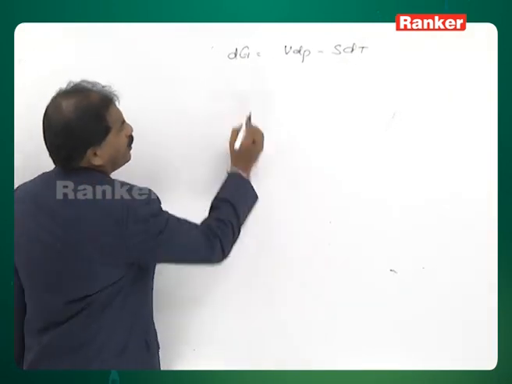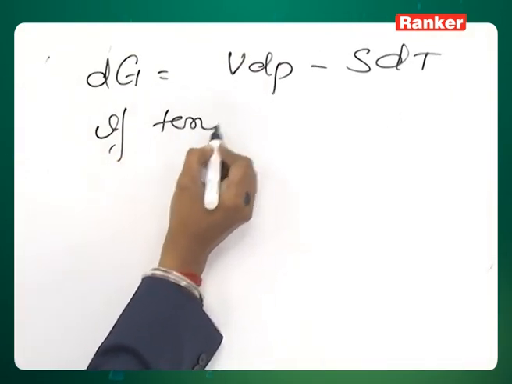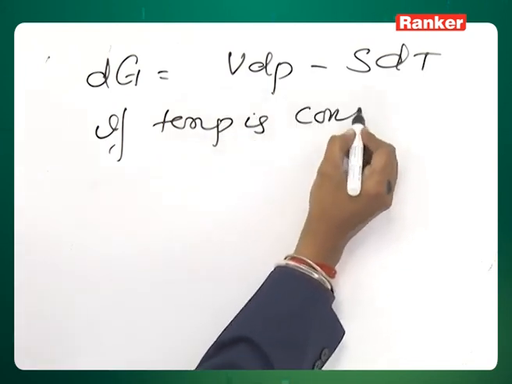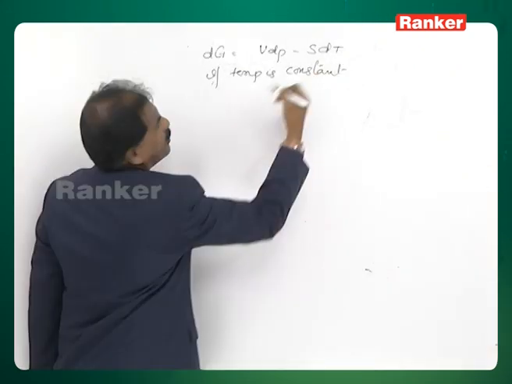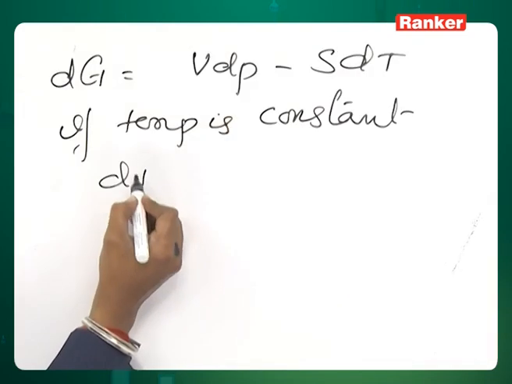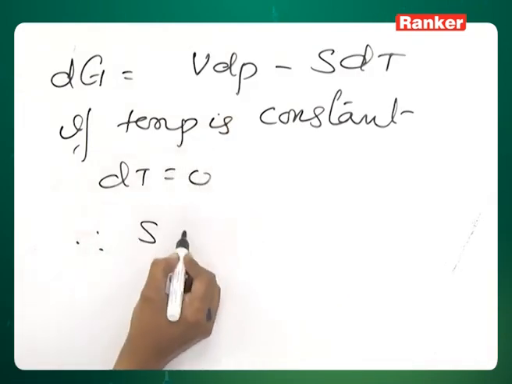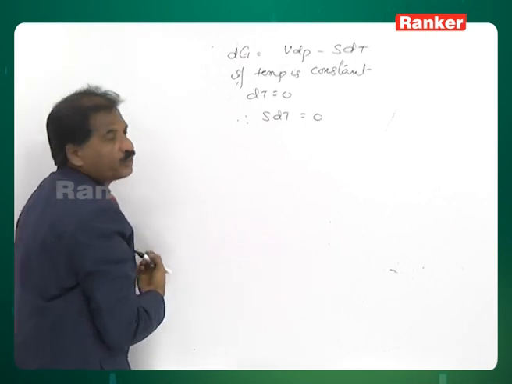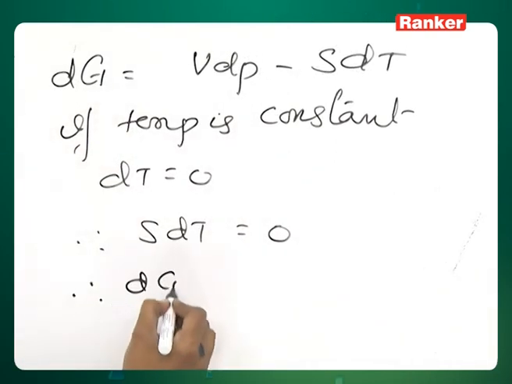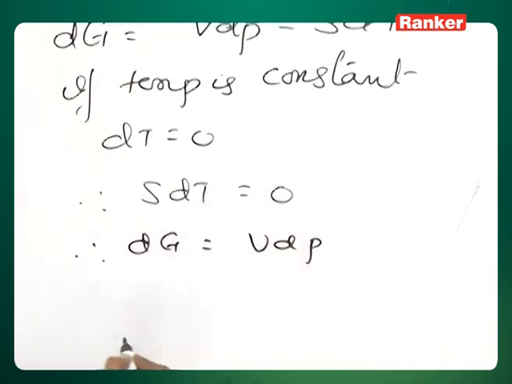Therefore, if temperature is constant, dT is equal to 0, therefore S dT is equal to 0. Therefore, dG is equal to V dP.